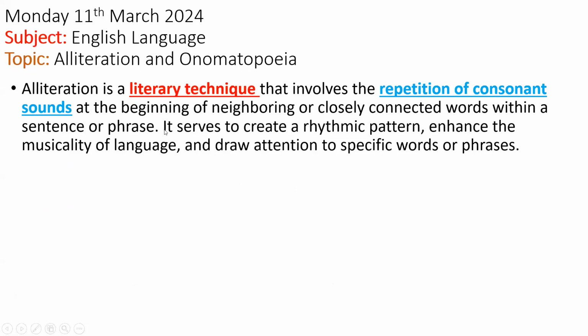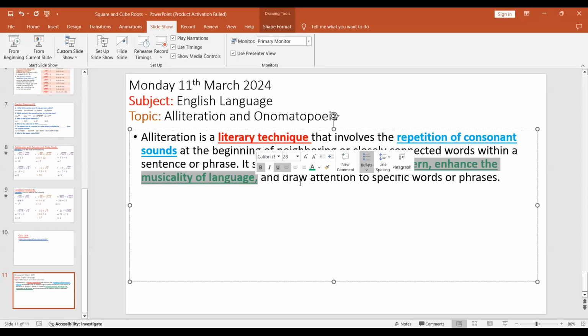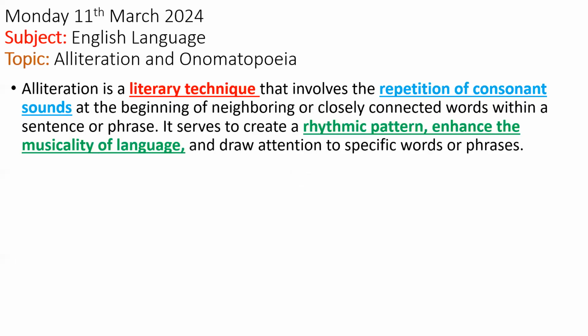Now, the reason why we have alliteration is that it serves to create a rhythmic pattern. That's why it's very good with poems. It enhances the musicality of the language and draws attention to certain words or phrases.